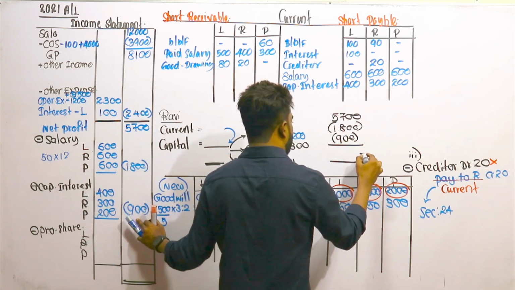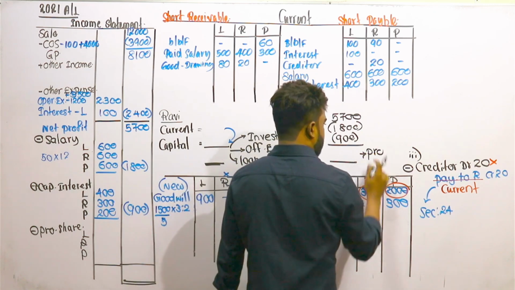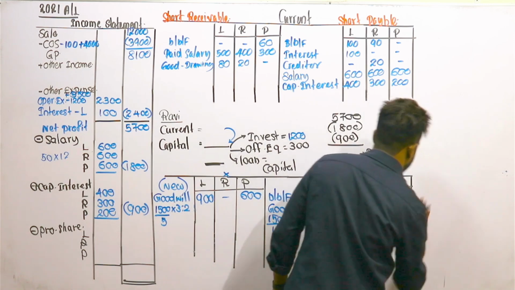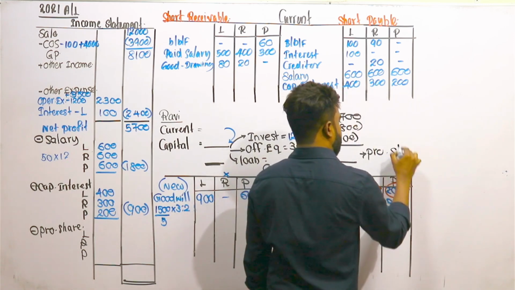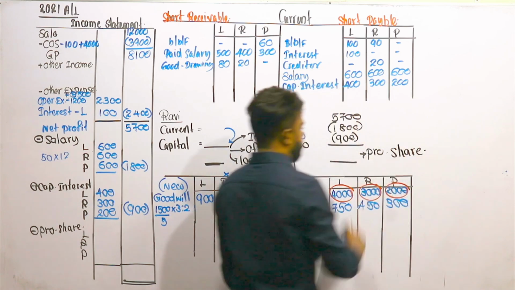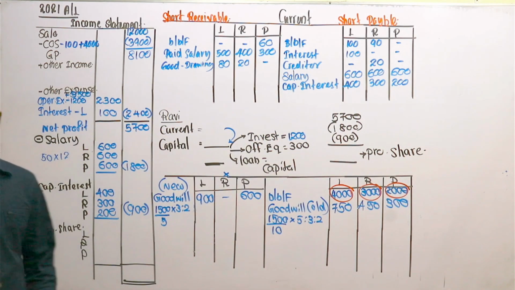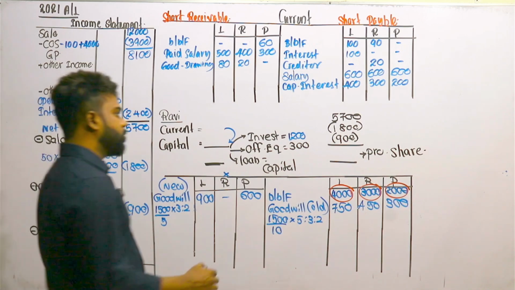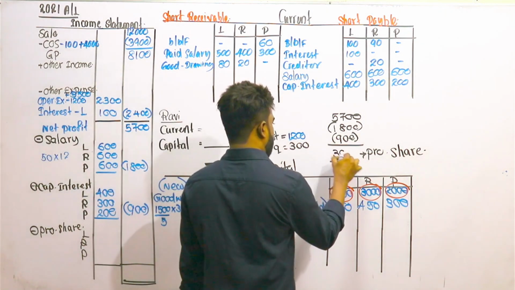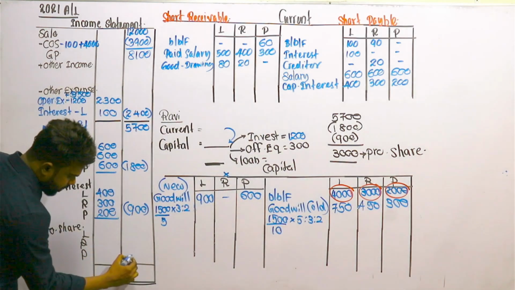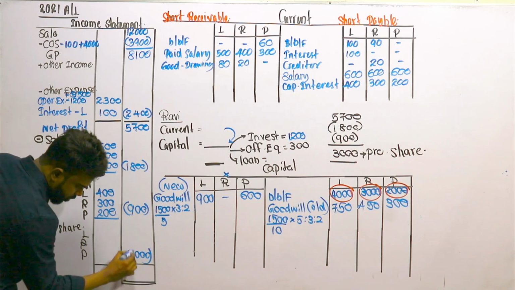It should be the profit share, according to the old ratio. How much? It's 3,000. Right? 3,000. Okay. 3,000, finally profit will be 0.